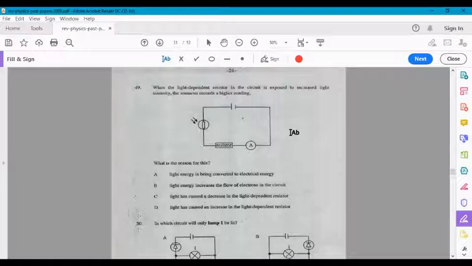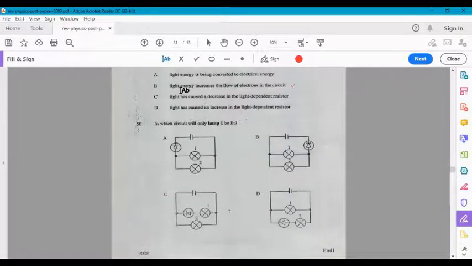Well, remember that with light-dependent resistors, we have an increase in current when light falls on it. So the light energy increases the flow of electrons in the circuit, and the ammeter records a higher current as a result. So our answer is going to be B.